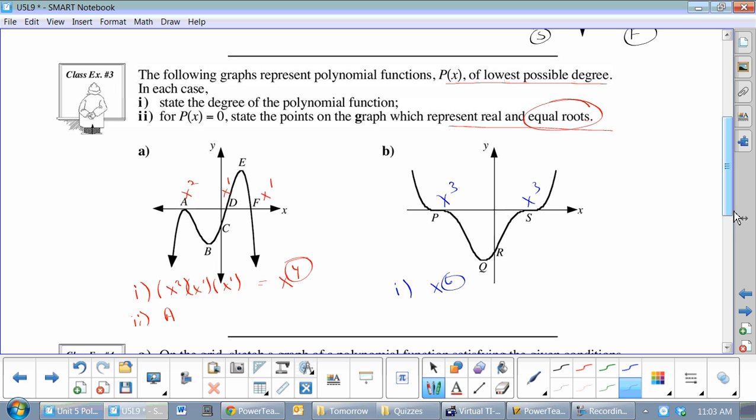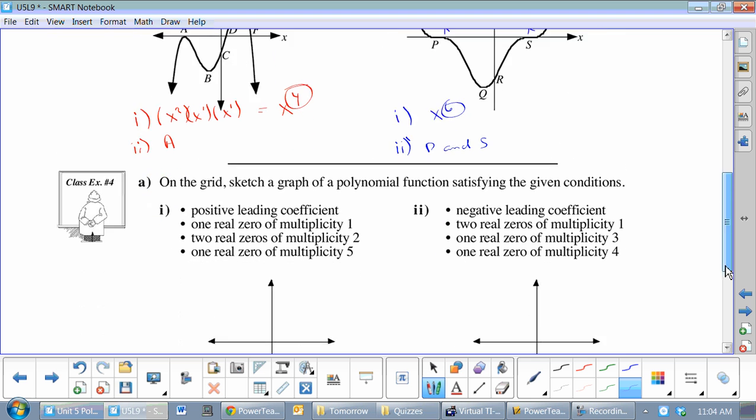Okay, which point or points has equal and real roots? P and S, right? Because at P, that's like an x plus 6, x plus 6, x plus 6. And at S could be x minus 6, x minus 6, x minus 6. Those are real and equal.